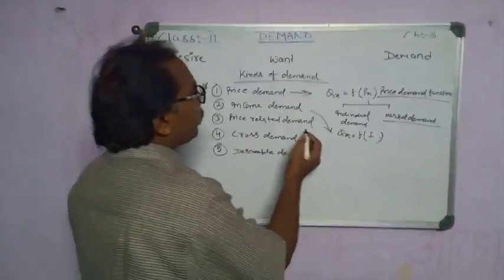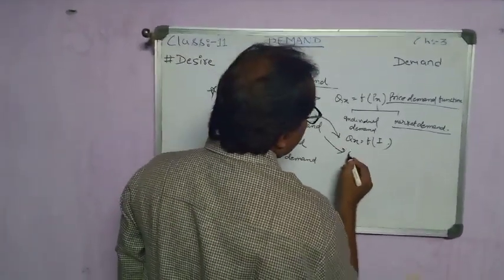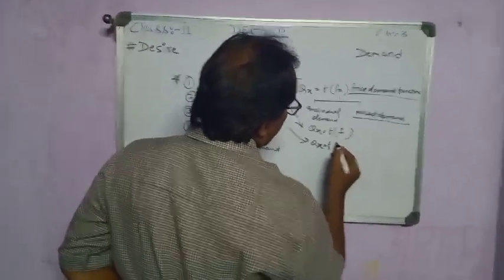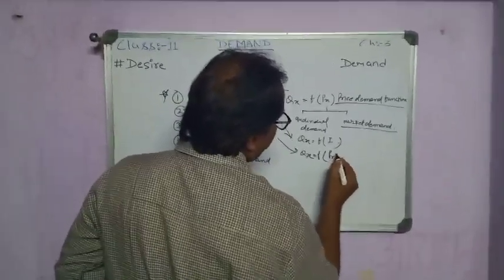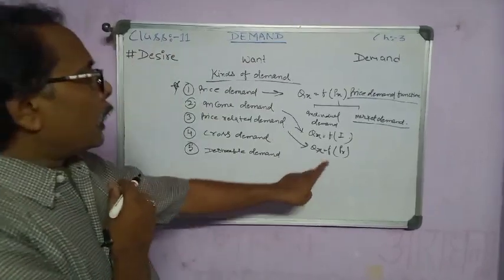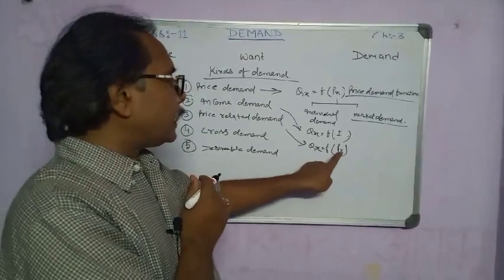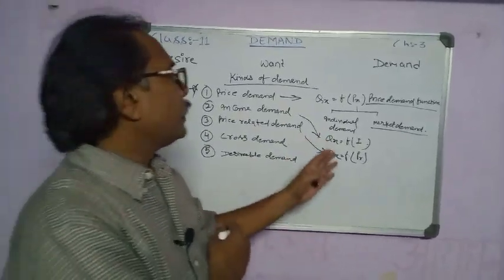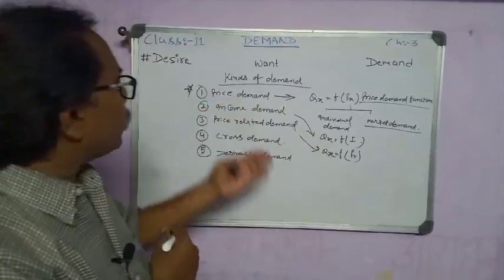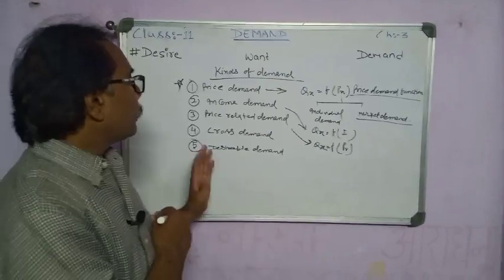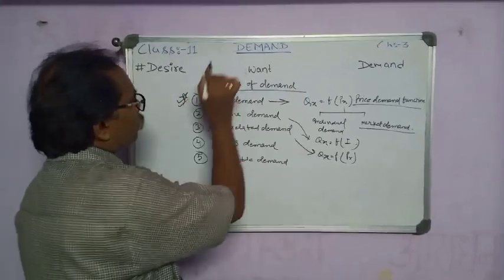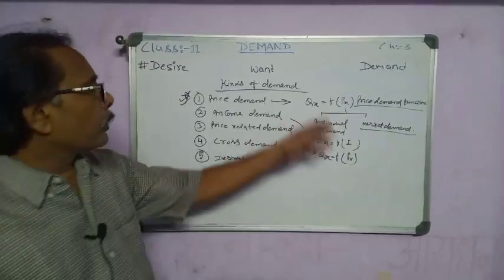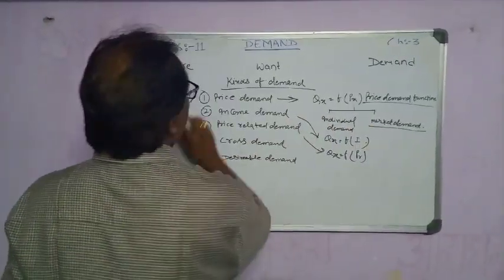Suppose price related demand: we can say quantity of x is a functional relation between the price of related goods and x commodity. So in this way we can determine the different kinds of demand, but mostly we have to discuss only the price demand. So now come to the individual demand first.